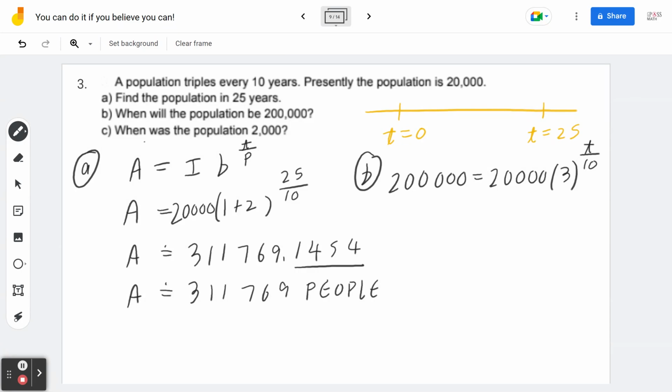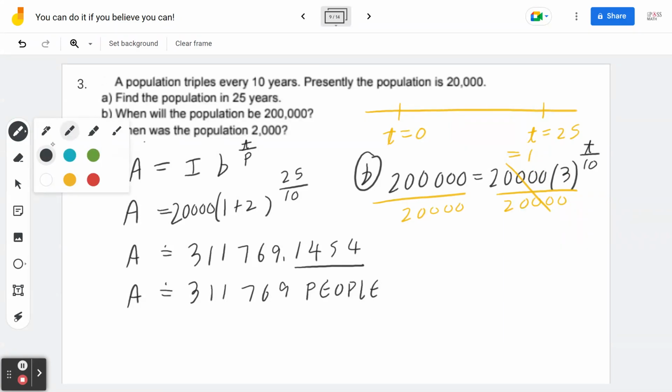Now, to solve this, you have to use log, which we'll get to. Step 1, the opposite of multiplying by 20,000 is to divide by 20,000. So on the right-hand side, 20,000 divided by 20,000 is 1. On the left-hand side, you can cross out the 4 zeros. And 20 divided by 2 is going to be 10.